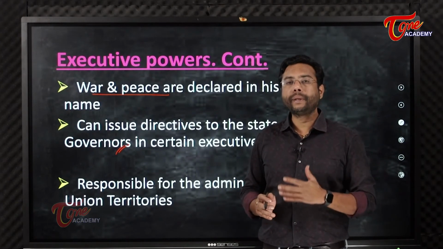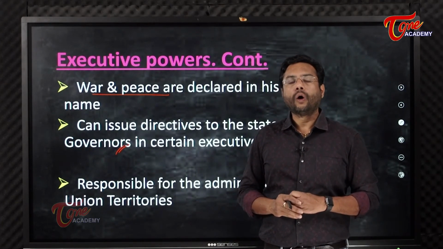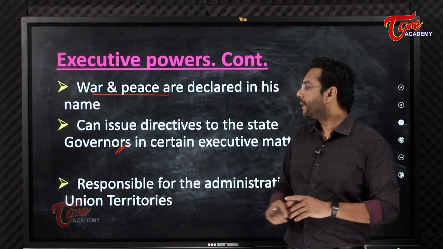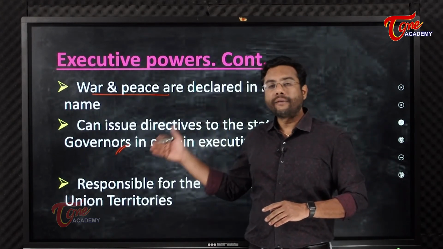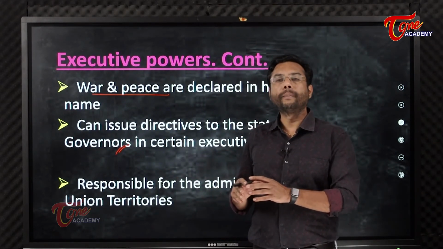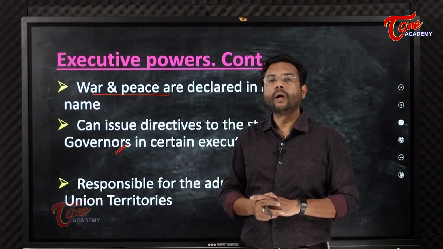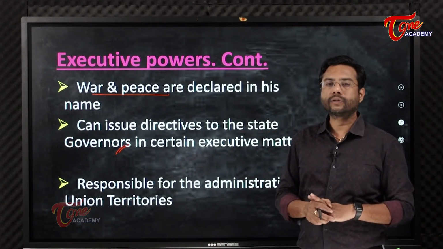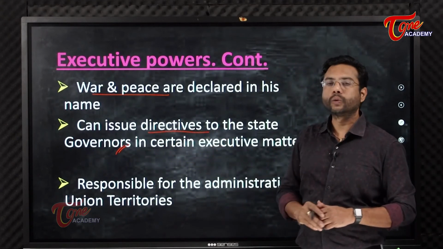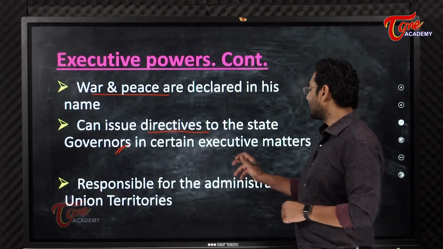So there might be a breakdown of the Constitution, or a failure of the directly elected government. In that case, the governor would take the advice of the President, or the President would give advice to the governor on certain matters. So directives are issued to the governor in certain executive matters.